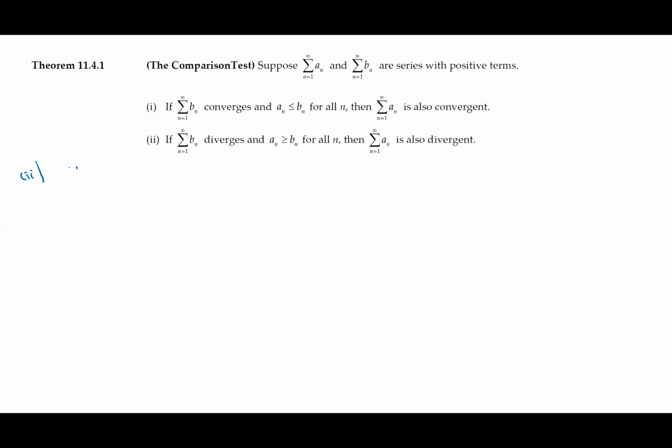So if this diverges, then we know this just approaches infinity, since that sequence of partial sums is increasing, right?